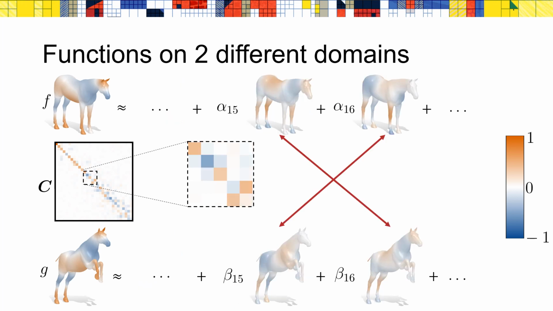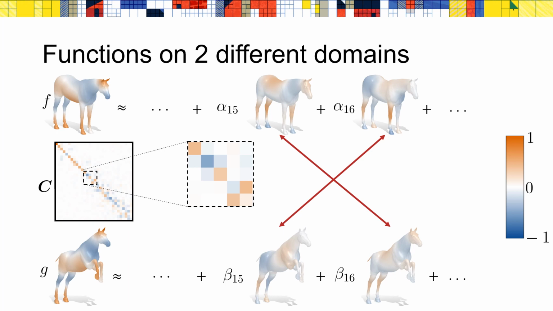Again, if we look at another part of the diagonal of the functional map around position 15, we can see that there is a switch in the order of the eigenfunctions. For example, here eigenfunction 15 is inverted with eigenfunction 16, and the functional map has a non-diagonal shape in this case.